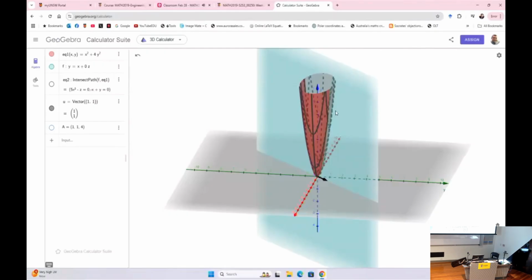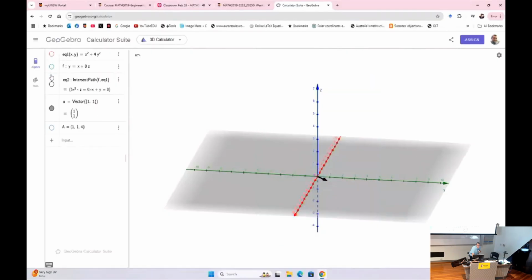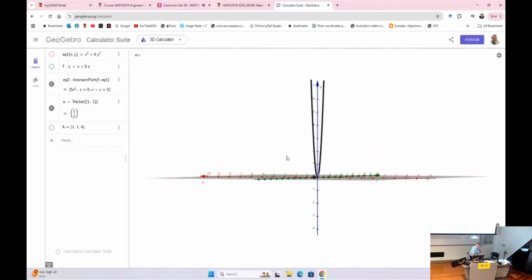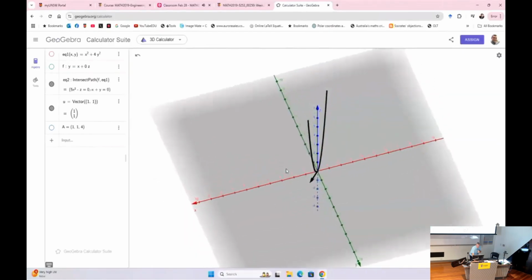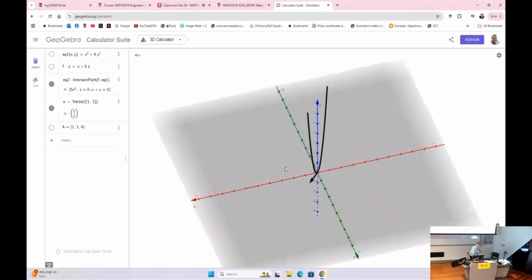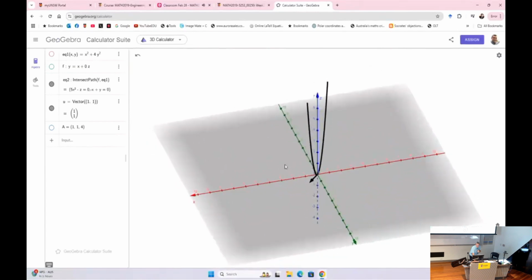So let's have a look. We've smashed the two together. Let's look at the intersection. You see how it's not parallel to any of the axes or any of the planes containing the axes?